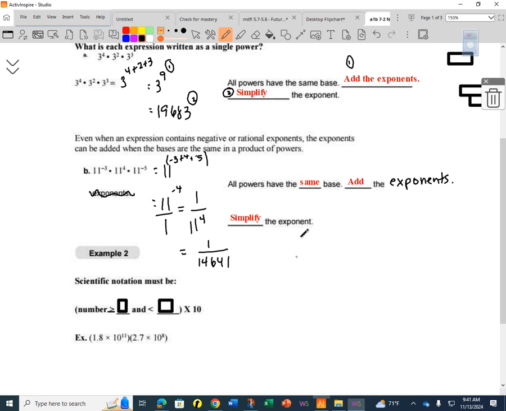So we are going to have some problems that have variable like bases. Let's try this example: x squared times x to the 7th. What is x squared times x to the 7th? Well, our bases are both x's, so now we can add the exponents, and that gives x to the 9th.